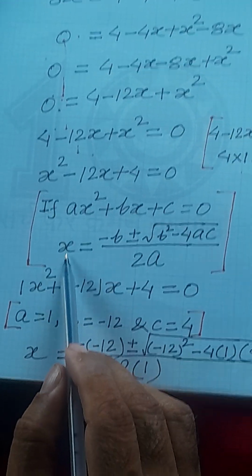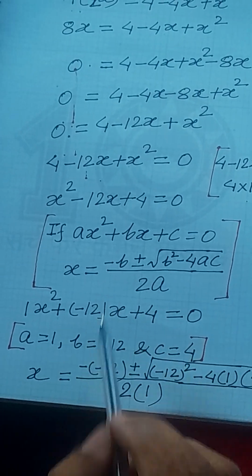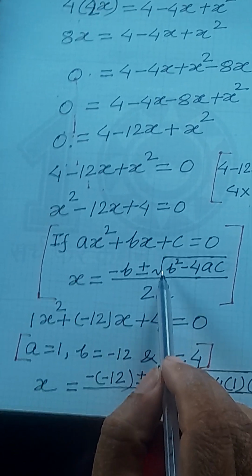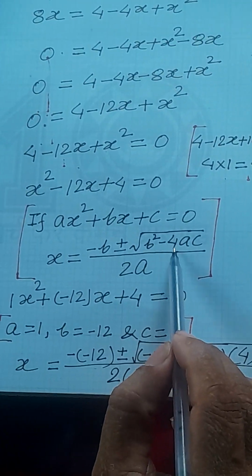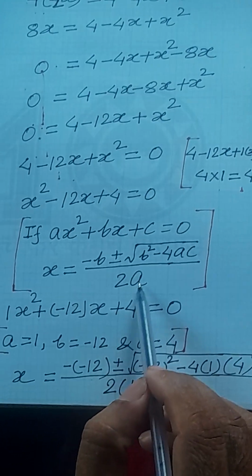Now what is the value of x? Minus b plus minus under square root b square minus 4ac over 2a.